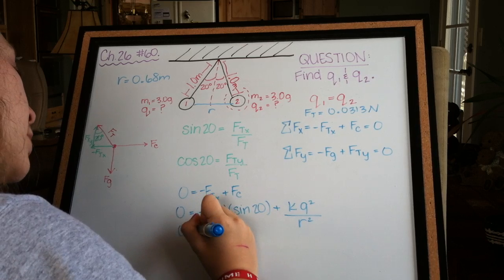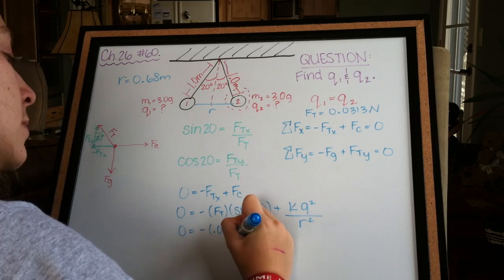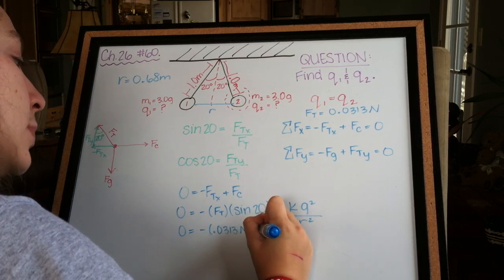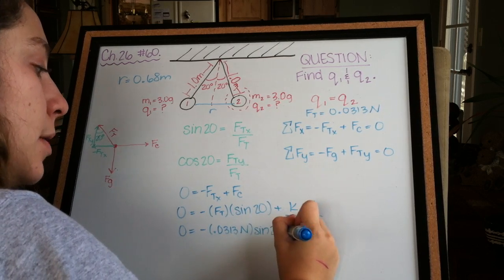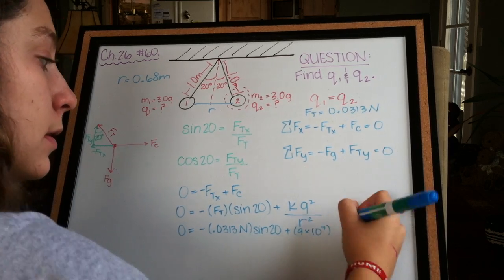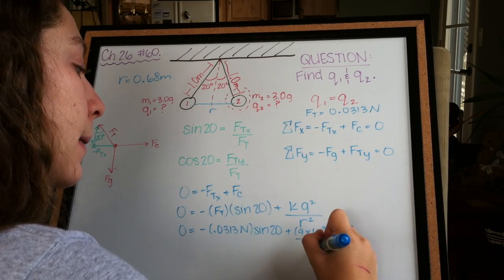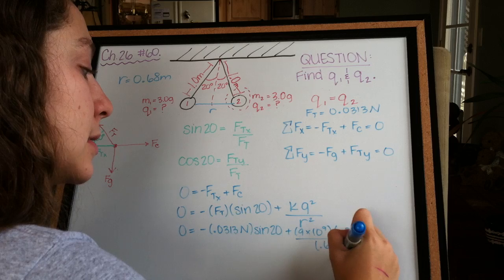So as we go through, we get 0 equals negative 0.0313 newtons times the sine of 20 plus 9 times 10 to the 9th times q squared divided by 0.68 meters squared.